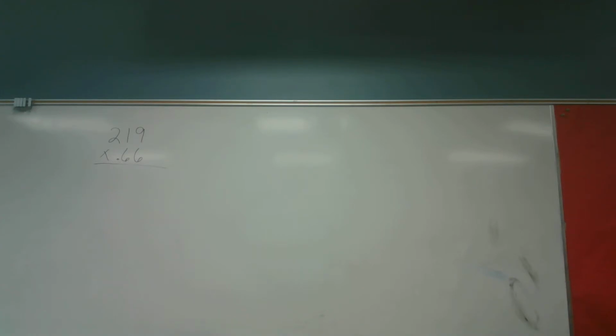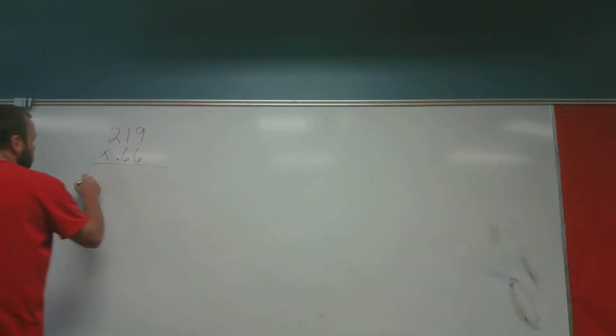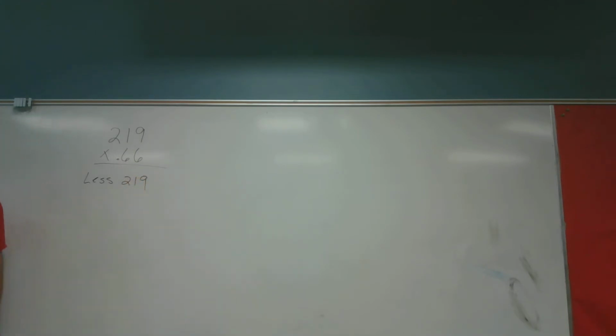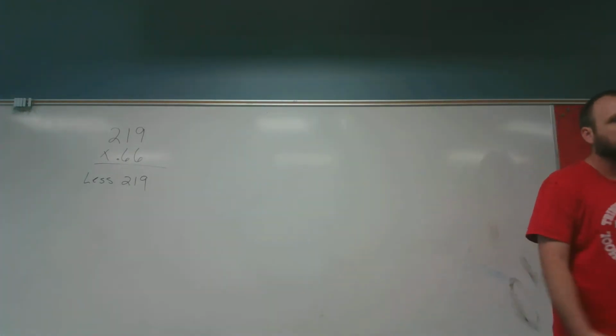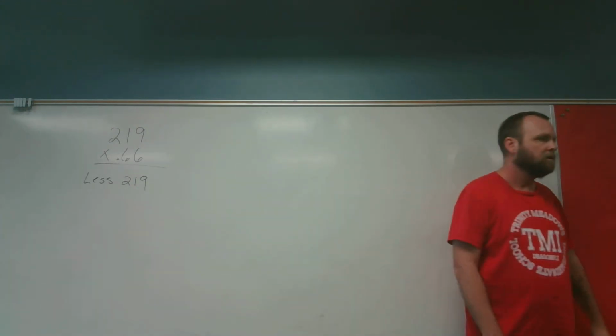Colin, how many numbers are going to be behind my decimal point in the answer? 2, because there's 2 behind it in the problem. Both 6's are behind the decimal point. You estimate before you do the work. Many of you like to do the work and then round, which is just silly.